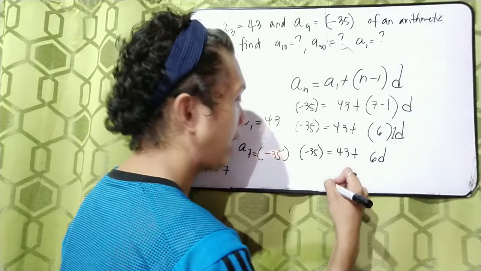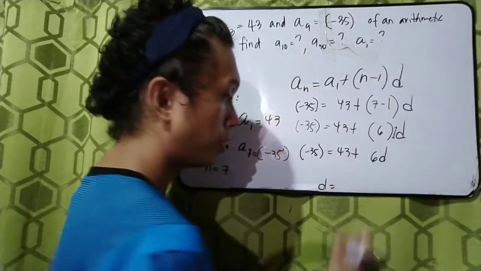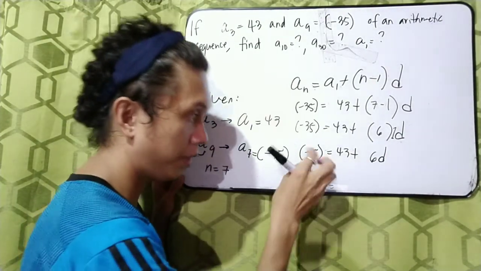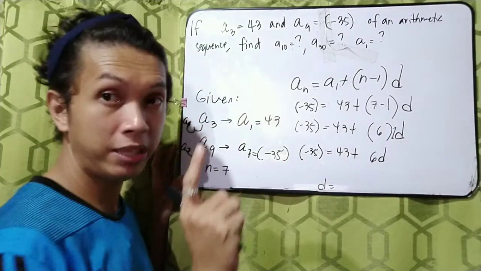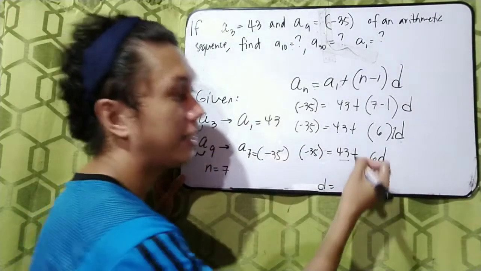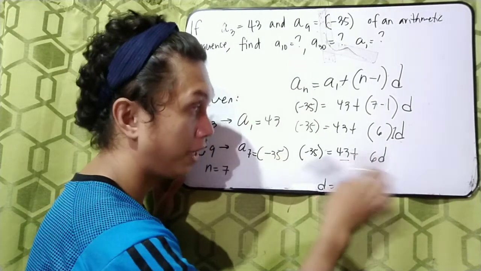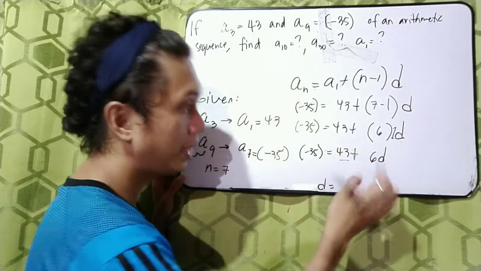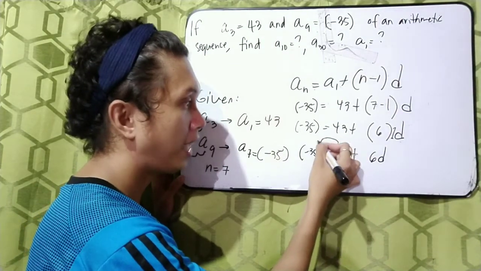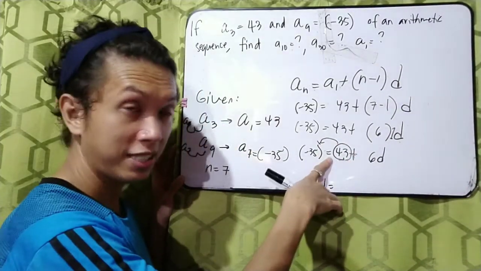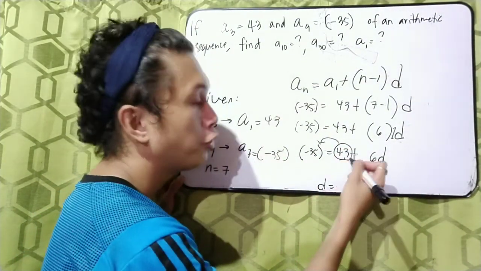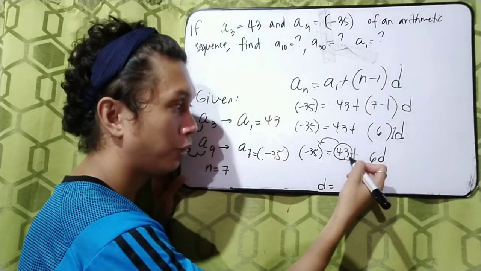Now, we need to get d, right? Which means that our answer should be d is equal to blank. So we have to make sure that on one side of the equation, d will be left. But first, since we have 43 here, and it is separated by a plus operation from 6d, we can move 43 to the other side, and since it crosses the equal sign and this is positive, we need to change its sign to its opposite.